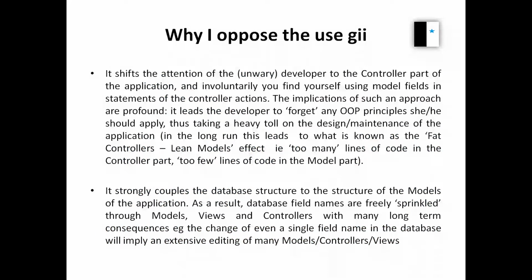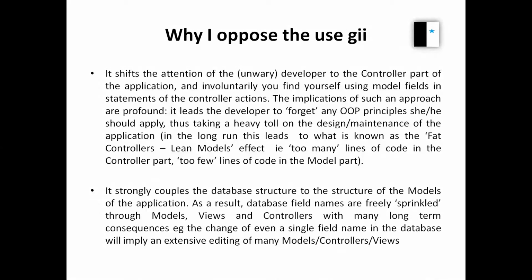First, I think that it shifts the attention of the developer to the controller part of the application, and very easily you find yourself using model fields when writing statements in the controller actions. The implications of such an approach are profound.